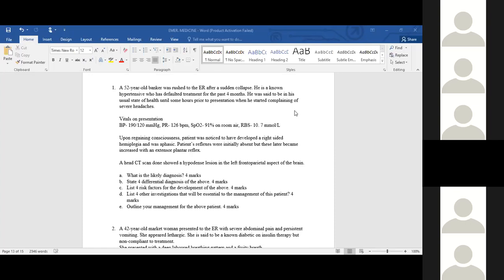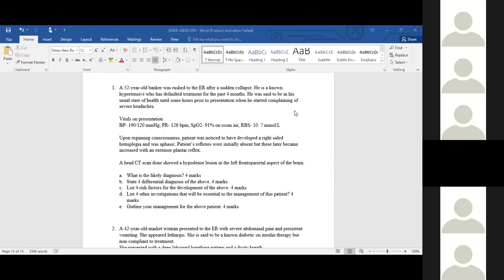You requested a head CT scan for the patient. The patient did the head CT scan, and you found a hypodense lesion in the left frontal parietal aspect of the brain.